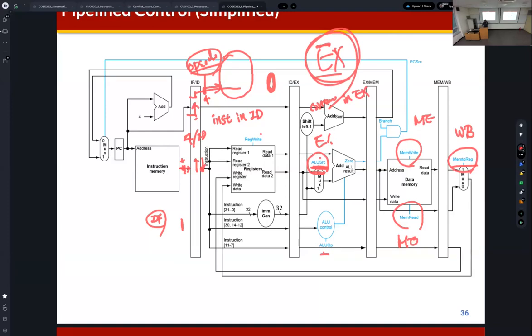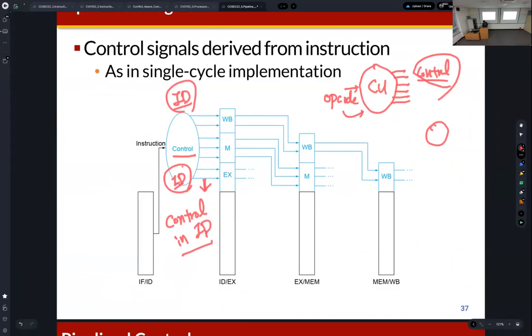So how can you make the control signal available in the EX stage? By passing through the pipeline register. Actually all control signals pass through the ID/EX pipeline register, and then we can use these control signals. So it becomes the control signals in EX.